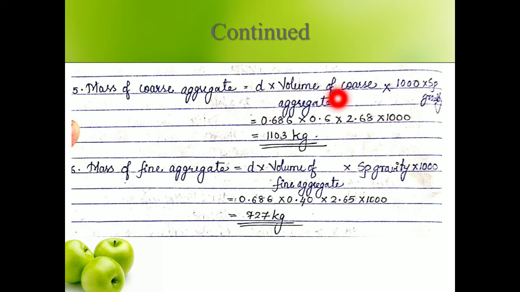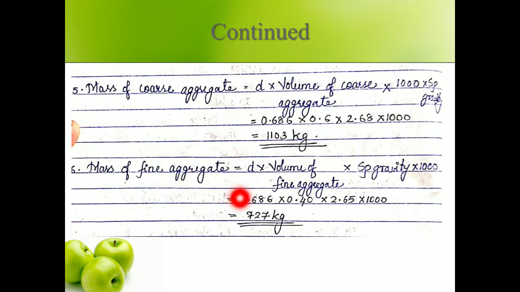Next one will be mass of coarse aggregate, that is volume of all in aggregate into volume of coarse aggregate into 1000 into specific gravity. So volume of all in aggregate we have got 0.686 into volume of coarse aggregate 0.6 into 1000 into specific gravity 2.68. So we are getting mass of coarse aggregate as 1103 kg.